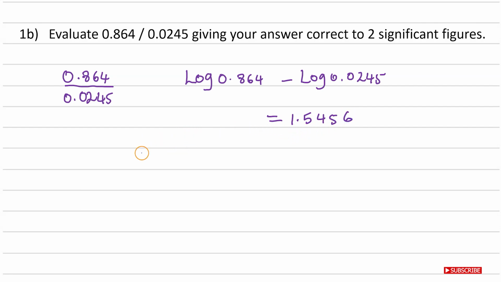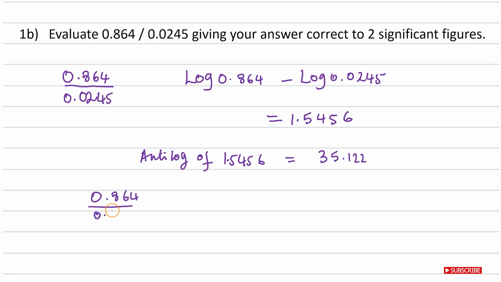Now you need to take the antilog of 1.5456, and that is going to be equal to 35.122. But you're asked to round the number to two significant figures. So 0.864 divided by 0.0245 is equal to 35, to two significant figures.